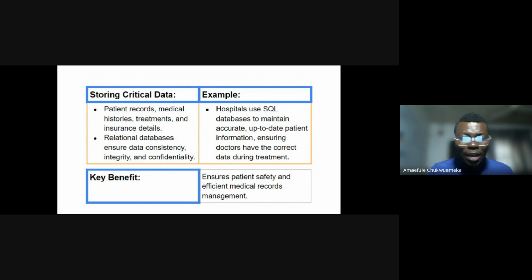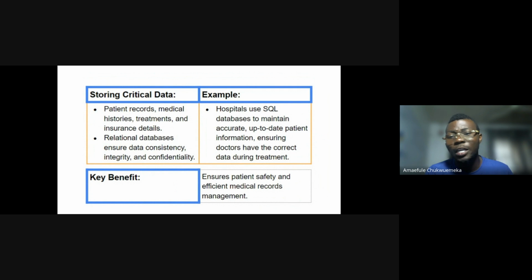Okay, so you want to have all of those records. With a relational database, of course, these data will be consistent because over time they will keep it consistent. They will follow through with the records in that table, and it will make all of the data very easy to access, readable, and manageable.